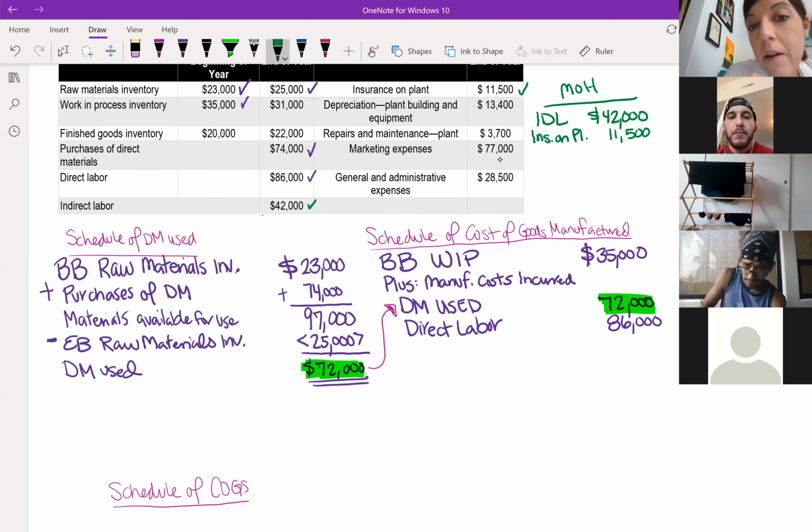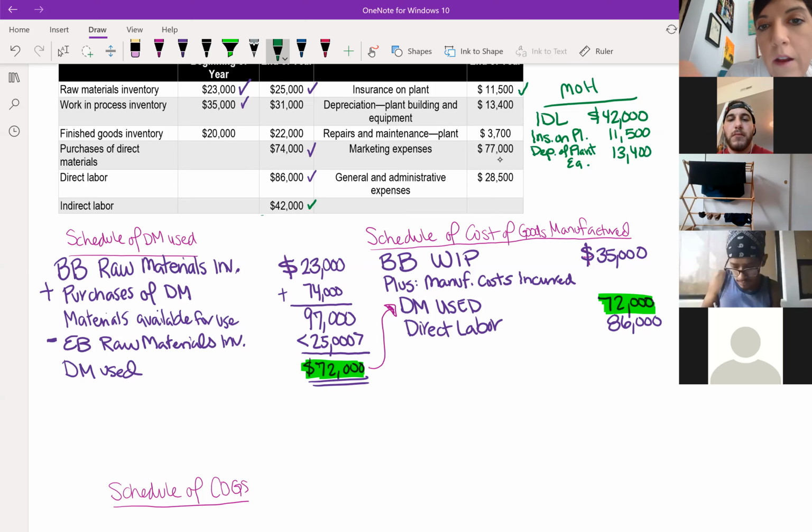Depreciation of plant and building equipment also going to be included. $13,400. Repairs and maintenance of the plant. $3,700.